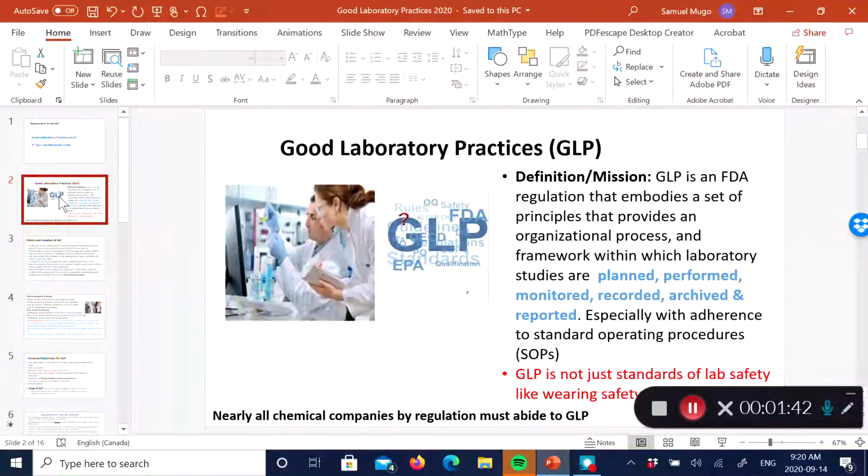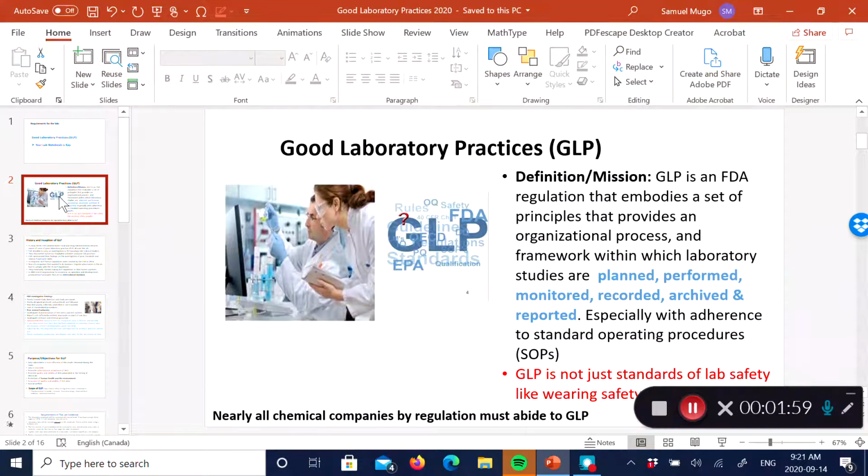This is especially in adherence to the standard operating procedures, the SOPs. I'd like you to remember what the SOPs stand for, a very, very common term in industry.